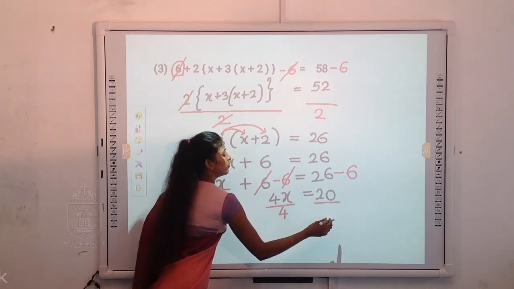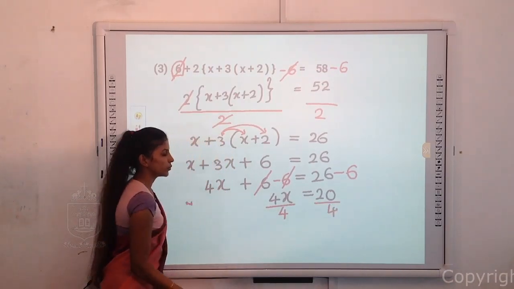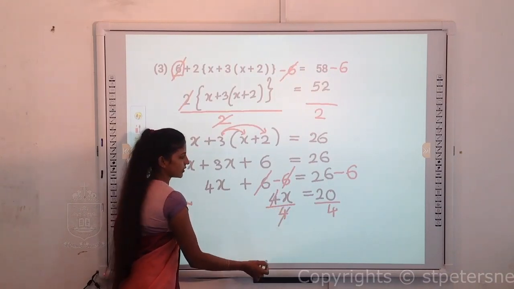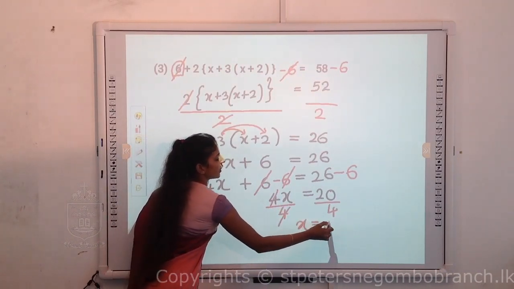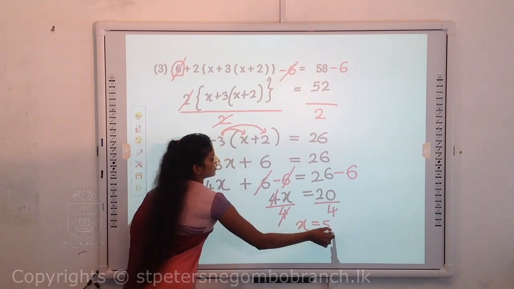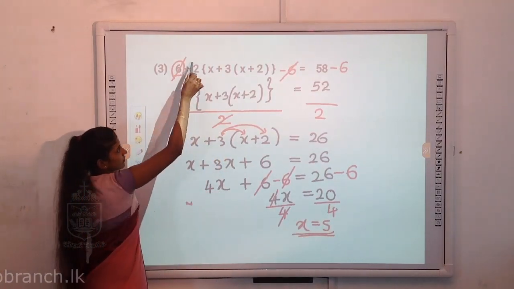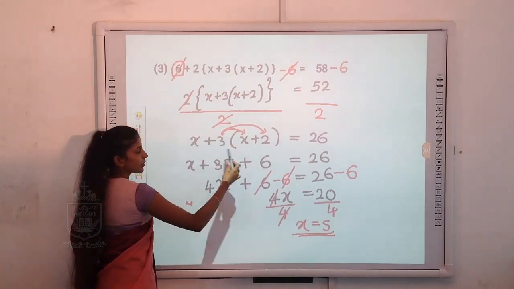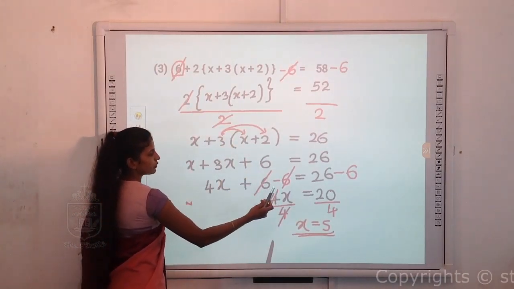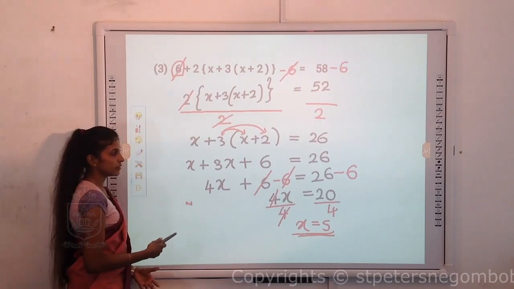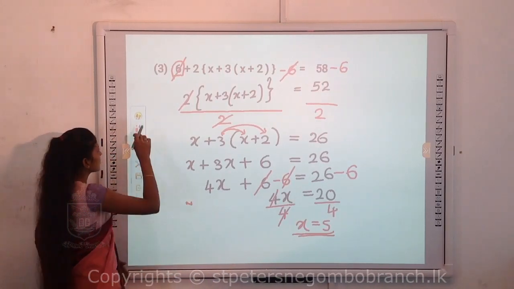The 4 cancels, and x equals 5 is the answer. So it's very simple. First, remove this number and then this number by dividing, then remove the bracket, and then do simple solving of the equation.